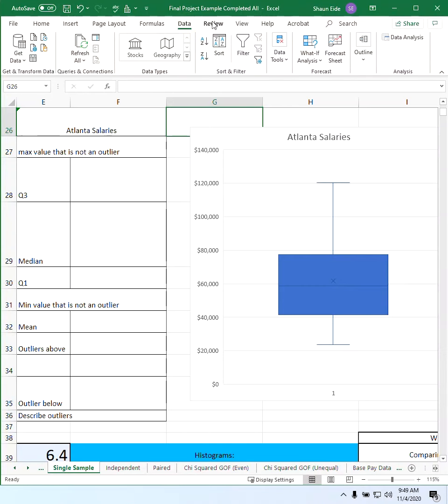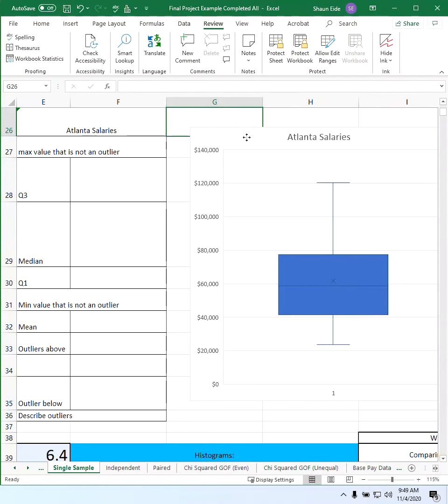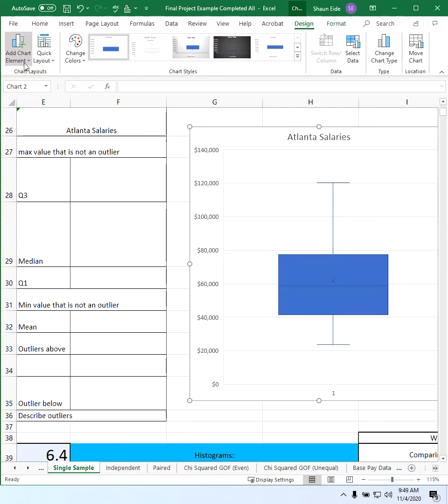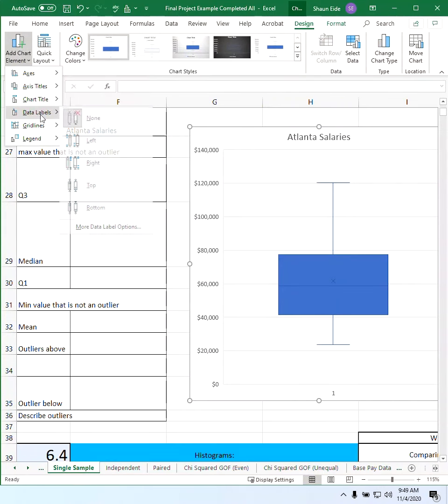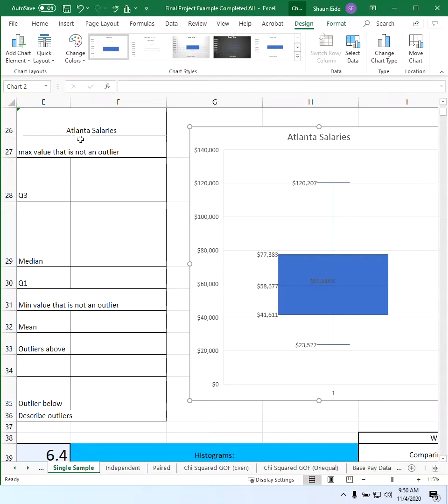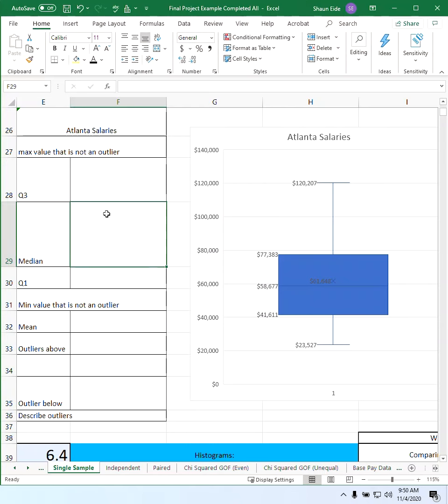So review, let's see here. We're going to click on this, design, add chart element. Okay, and we are going to put data labels on the left-hand side. Now, your data labels hopefully will look something similar to this, but you also may have outliers. So what we're going to do is we are going to answer all of these questions right here.